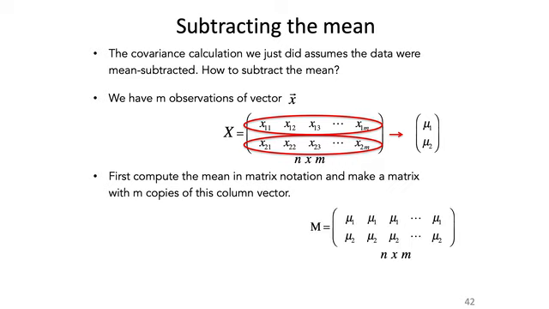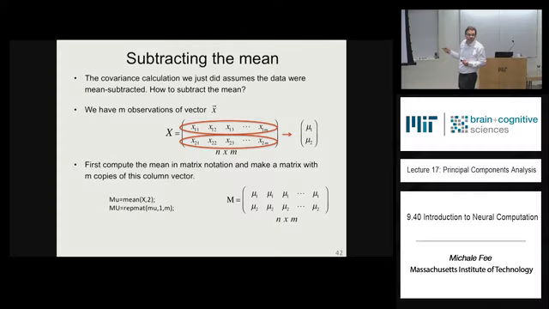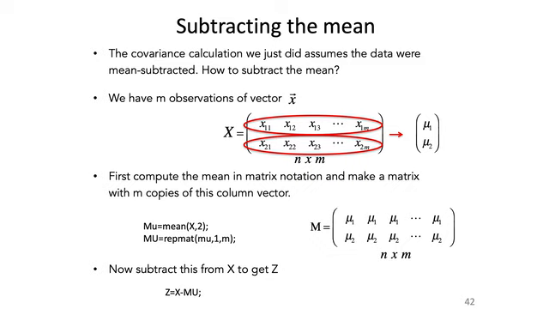That's really easy in MATLAB. Mu is the mean of x summing across the second component. That gives you a mean vector, and then you use repmat to fill that mean out in all of the columns, and just subtract this mean from x to get this data matrix z. Okay?